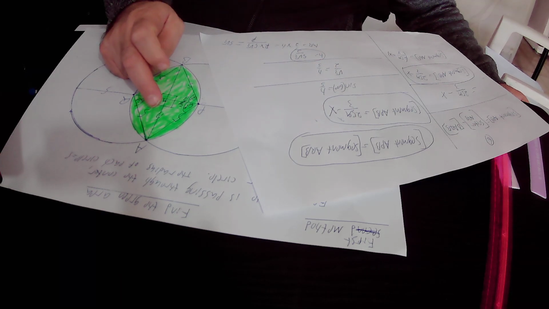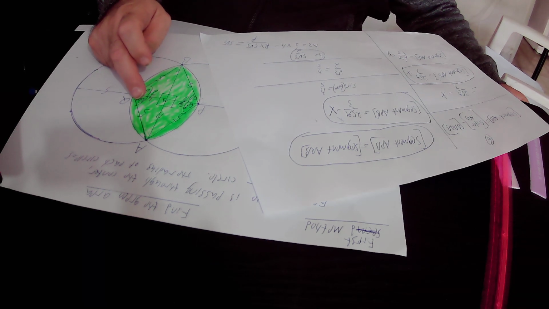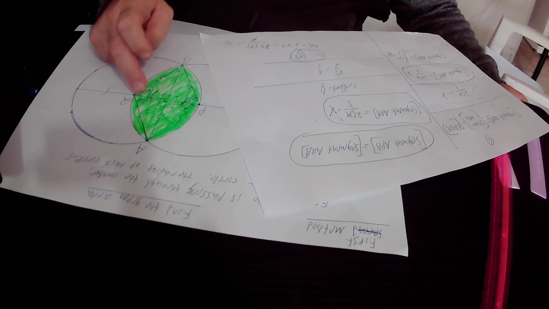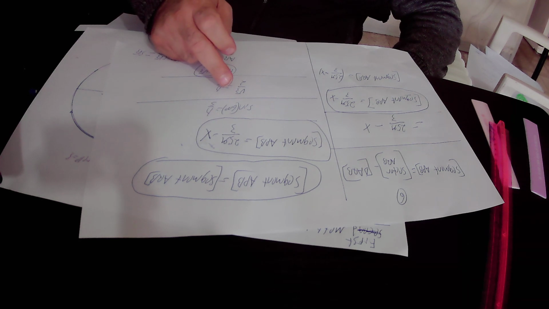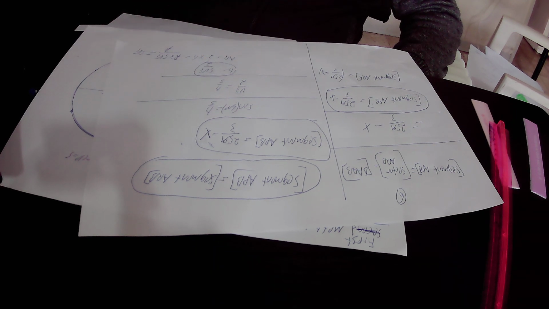Then we defined AM as edge, and we focused on the right triangle AMQ. Here sine 60 degrees equals edge over 5. We know that sine 60 degrees equals square root of 3 over 2, and it equals edge over 5.